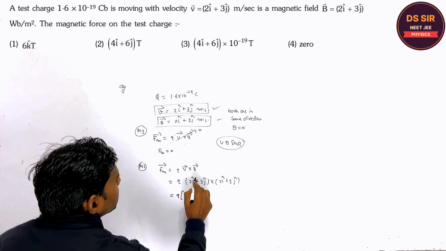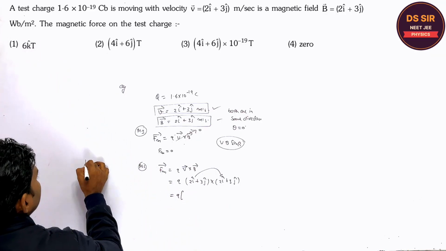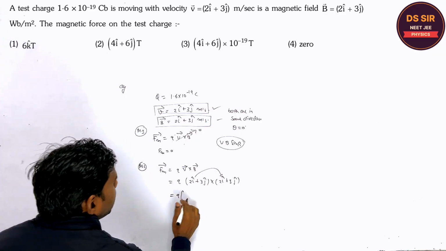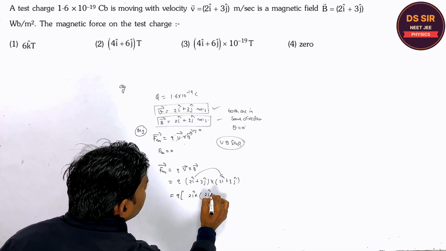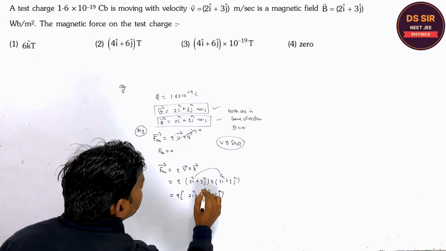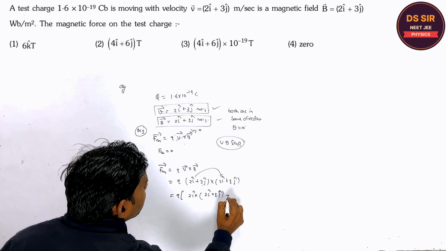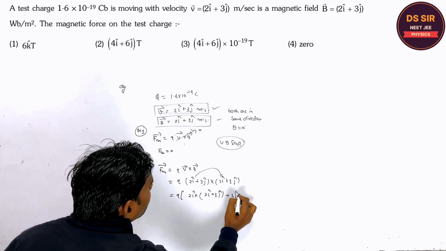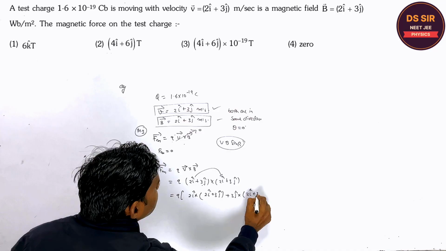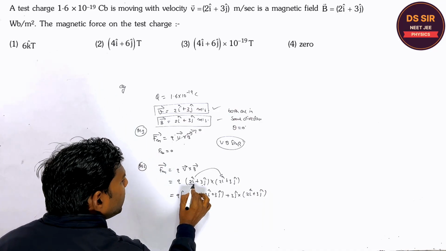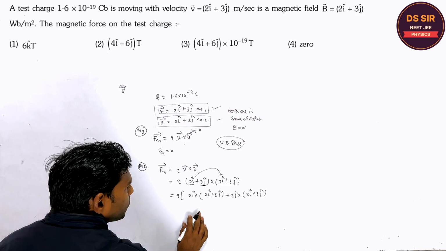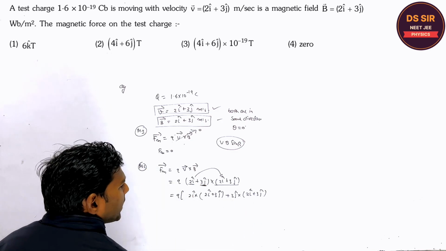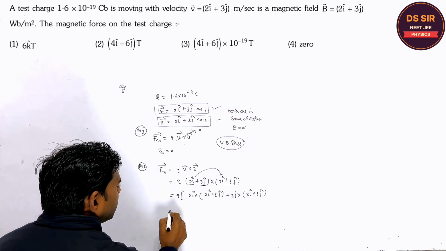It may be written as 2i cross (2i + 3j), then multiply by 3j cross (2i + 3j). First multiply by 2i whole bracket, then the cross product of 3j whole bracket. Is it clear or not?